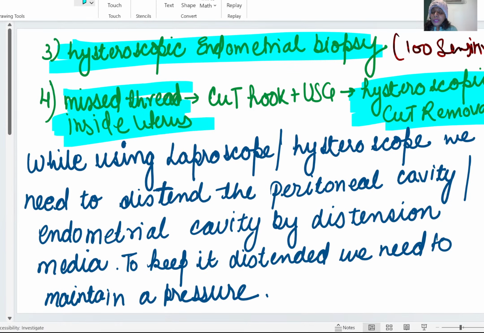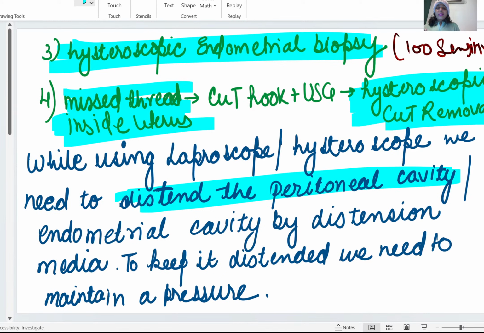Now see, whenever we put the hysteroscope in the uterus, or the laparoscope in the peritoneal cavity, we need to distend the cavity, whether the endometrial or the peritoneal cavity.